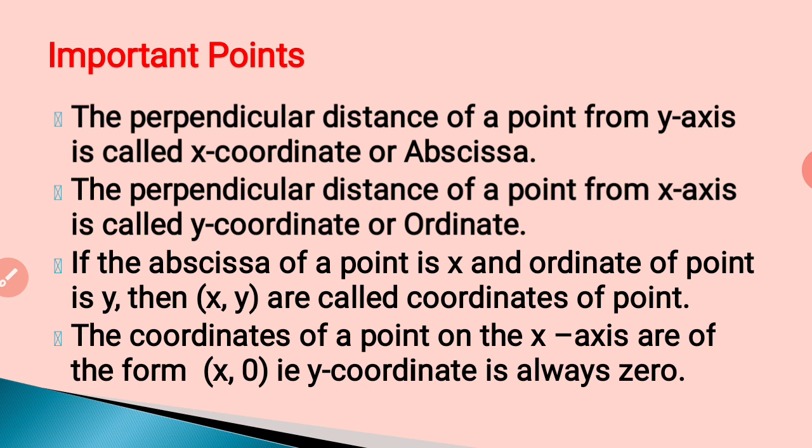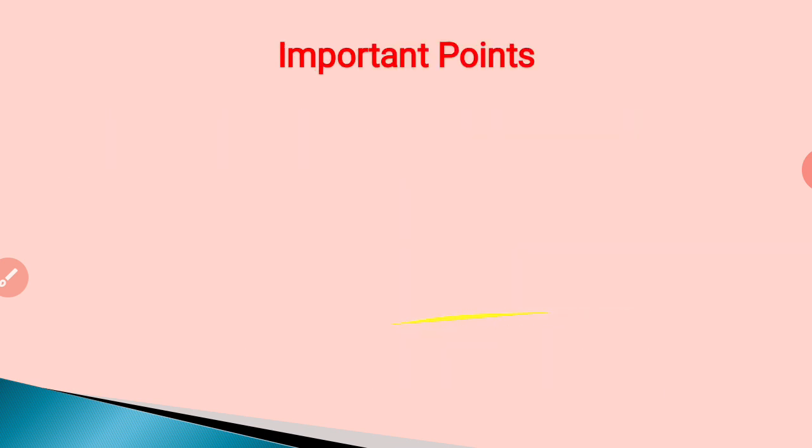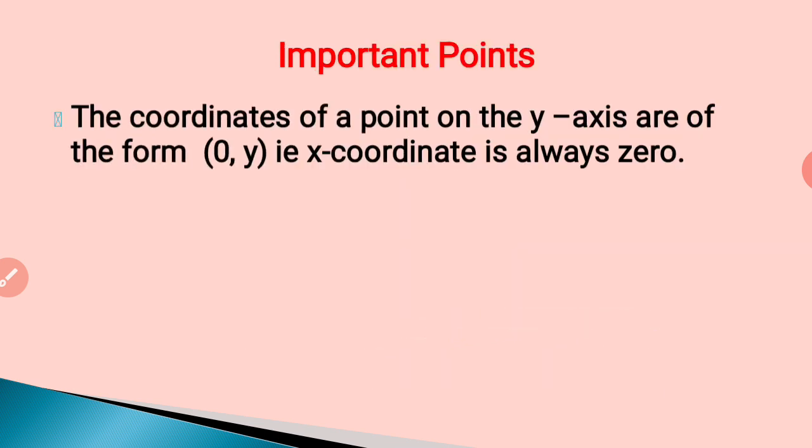The coordinates of a point on the x-axis are of the form (x, 0). So it will have its x coordinate, but its y coordinate will be 0. The coordinates of a point on the y-axis are of the form (0, y), that is, its x coordinate will be 0, whereas it will have its y coordinate.